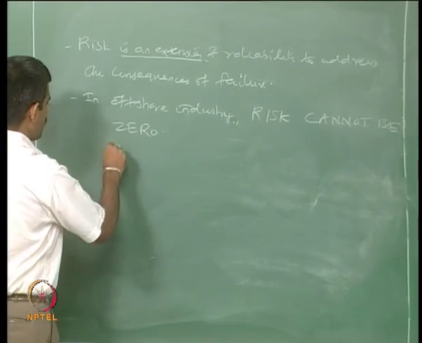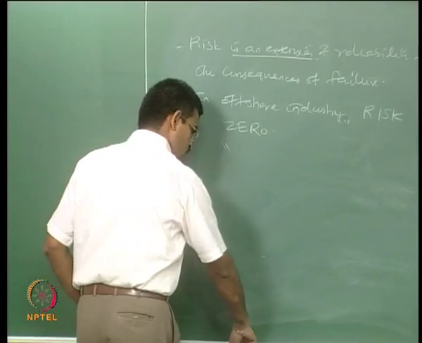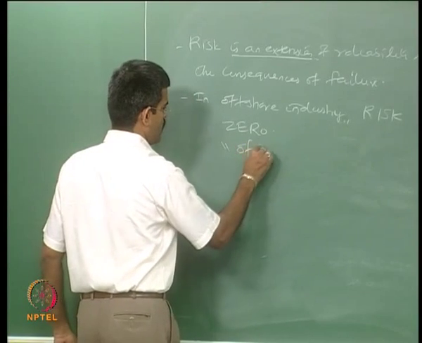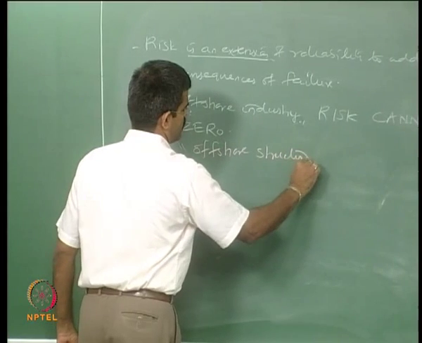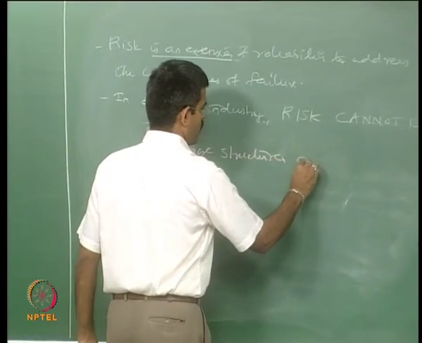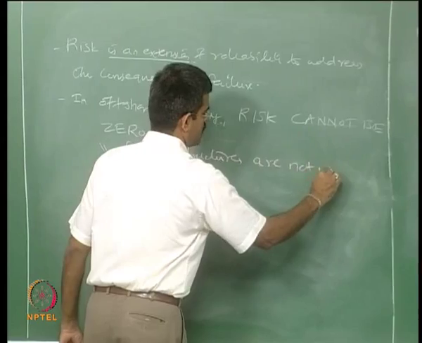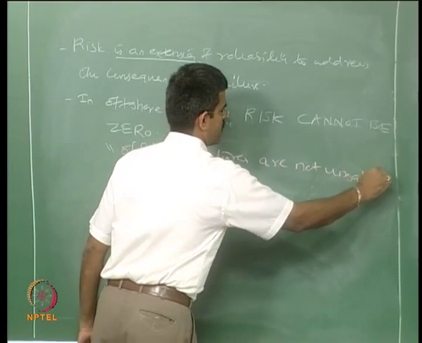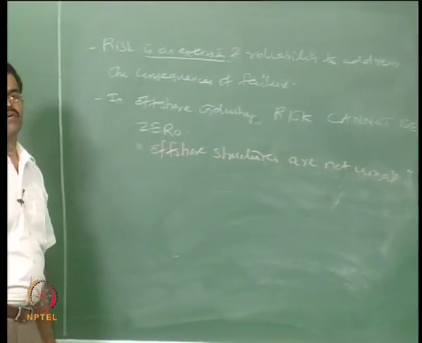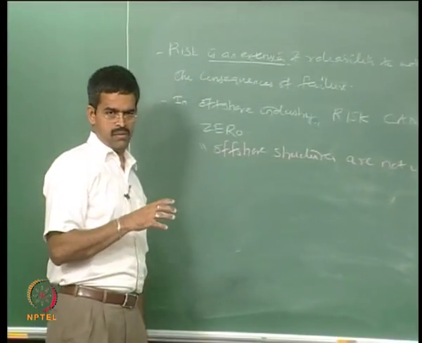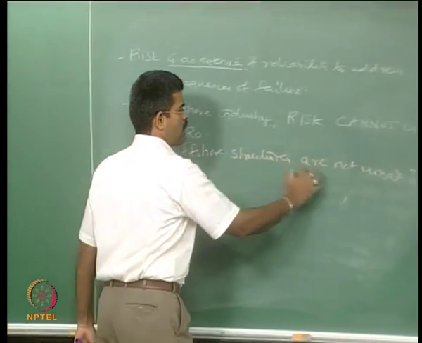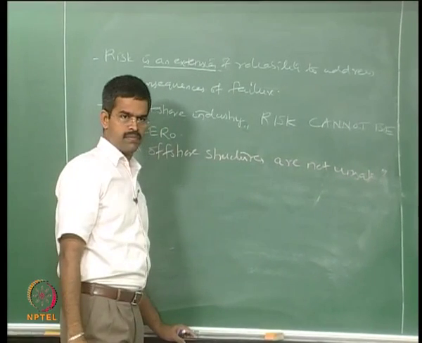But this also makes a very important statement that offshore structures are not unsafe. Okay? Please understand this. The moment I say the risk cannot be 0, it does not mean that offshore structures are unsafe.